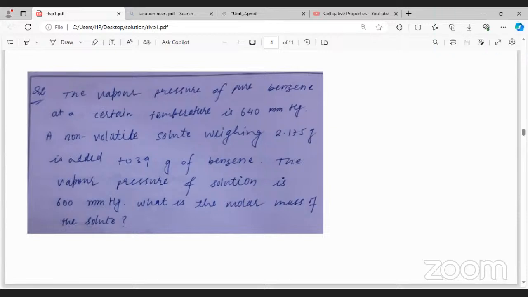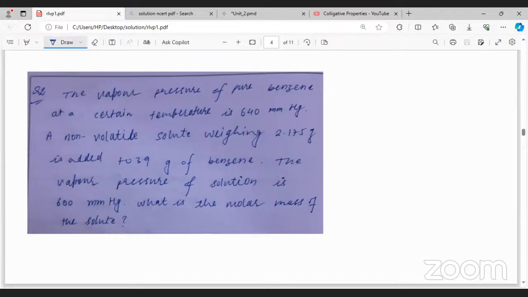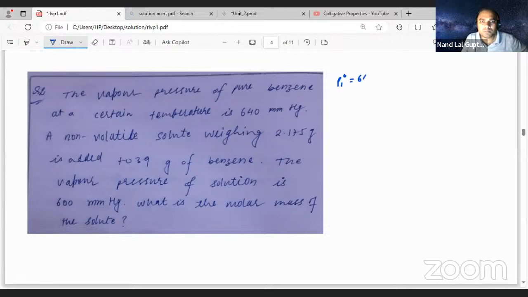The vapor pressure of pure benzene at a certain temperature is 640 mmHg.